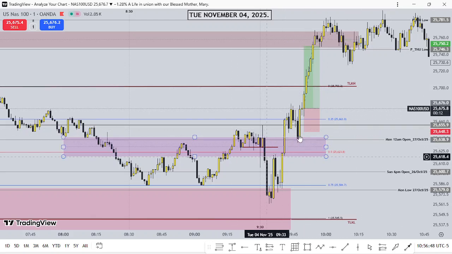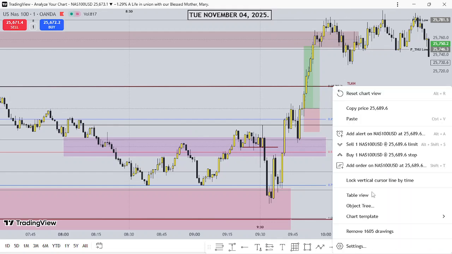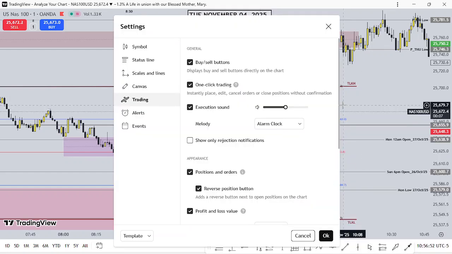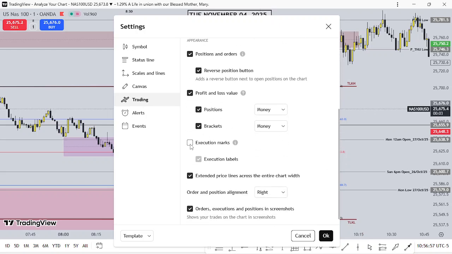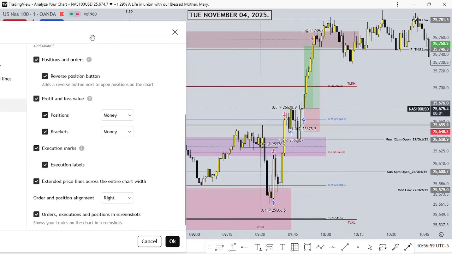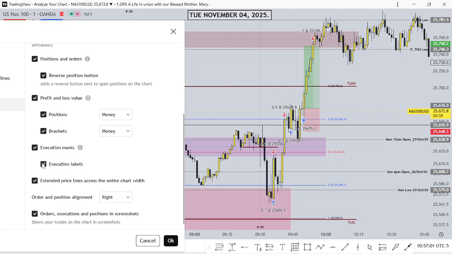Anyways, I'm going to bring this up because I don't know exactly where that is. The second trade I took, I can't remember the level, but I'll just turn this on so I can see. I'll take out the labels.